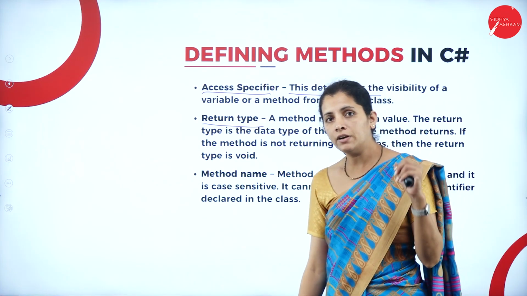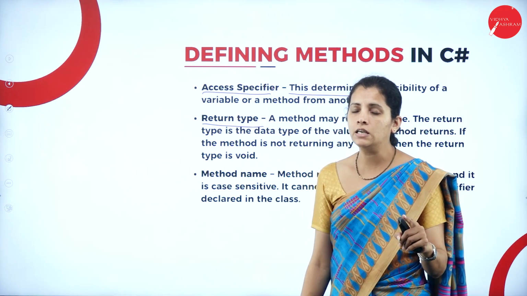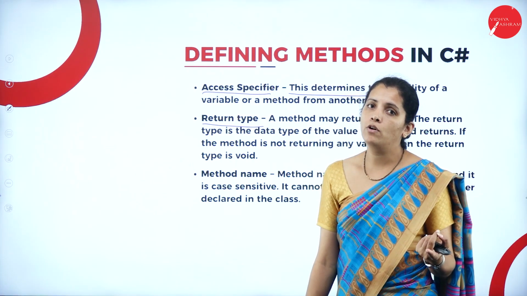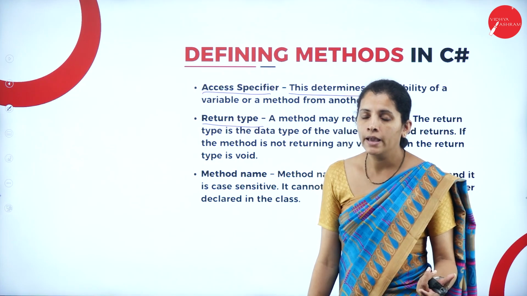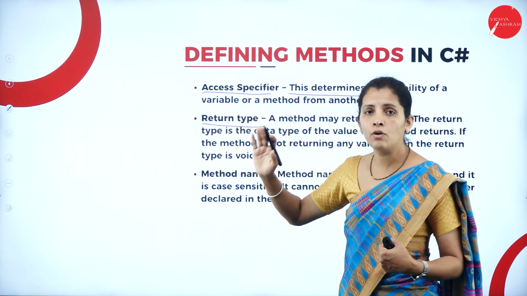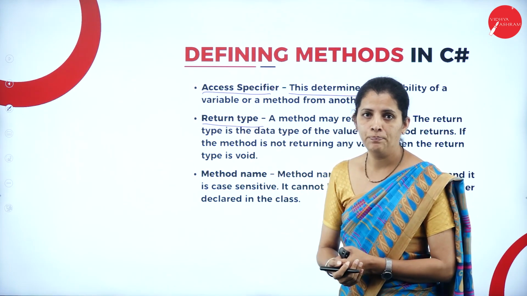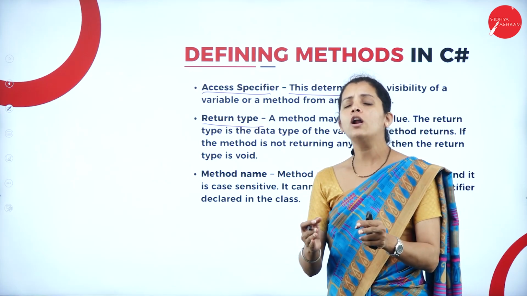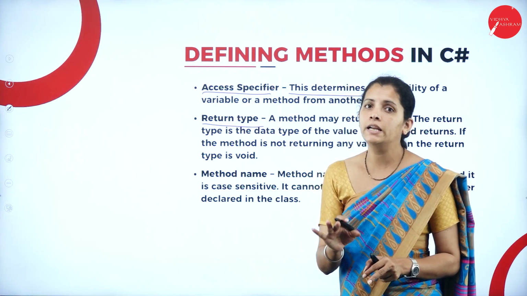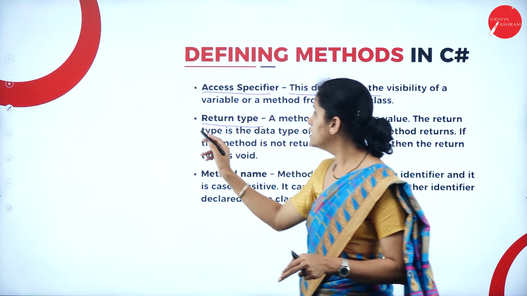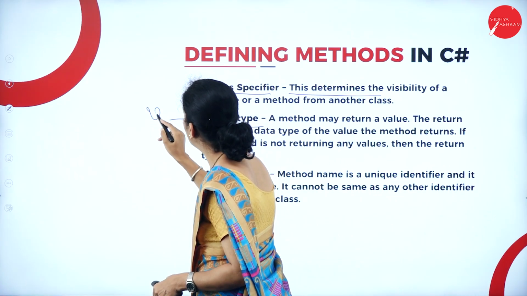Examples of return types are integer, float, double, etc. Now think that my function or method does not return any value. In that situation, the return type is void.